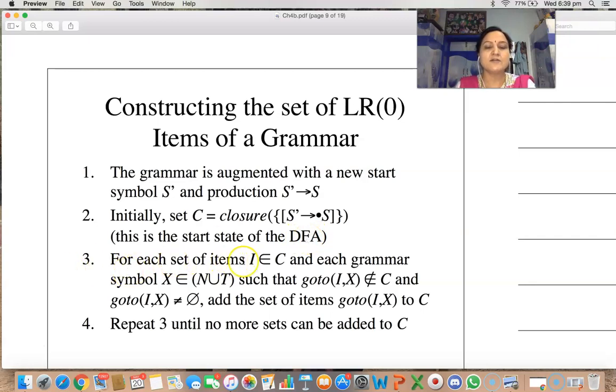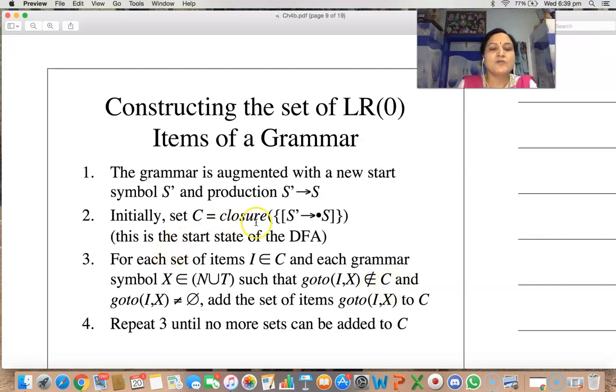Now for each set of items I that belongs to C, I is a state number that belongs to C, and for each grammar symbol X that belongs to either non-terminal or terminal symbol of the grammar, such that goto I comma X is not in C, meaning goto I comma X should not be already available in C, means repeat entries are to be avoided.